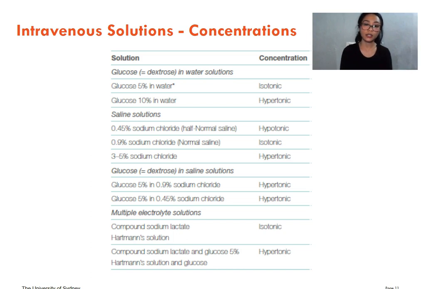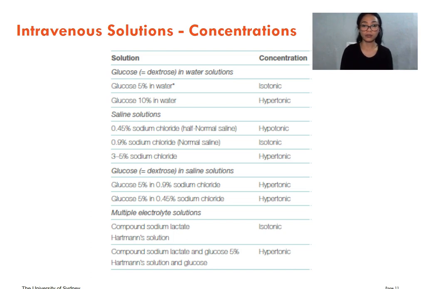So other examples of isotonic solutions that are really common, aside from normal saline, are Hartmann's and also something called Plasma-Lyte. Hartmann's is something that you'll see most often post-operatively. This is 98% of our patients who come out from operating theatres and into recovery have Hartmann's going through. So we use isotonic normal saline when a patient has experienced both fluid and sodium losses, for example, when they've experienced gastroenteritis, diarrhea or vomiting.